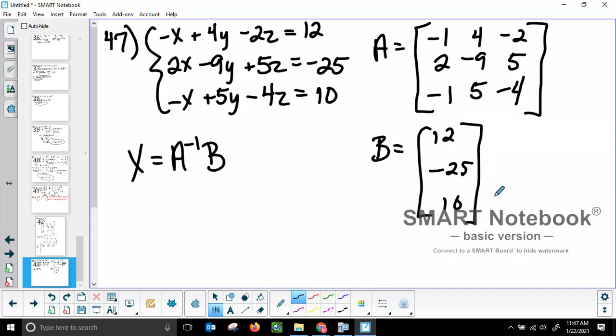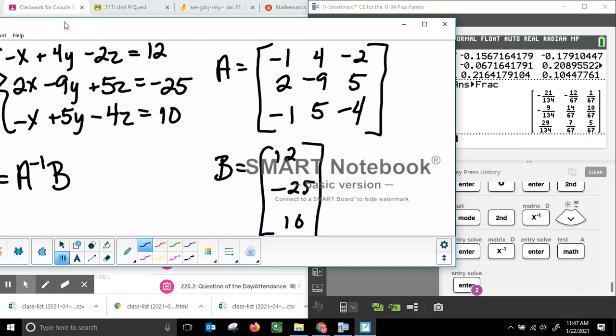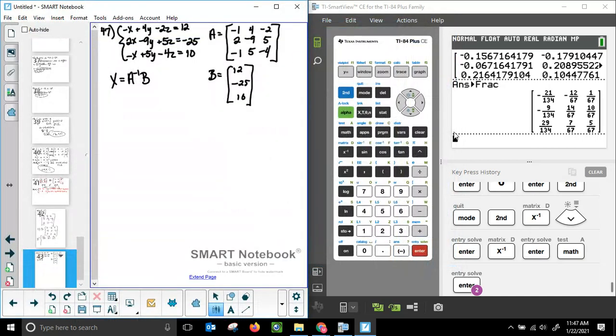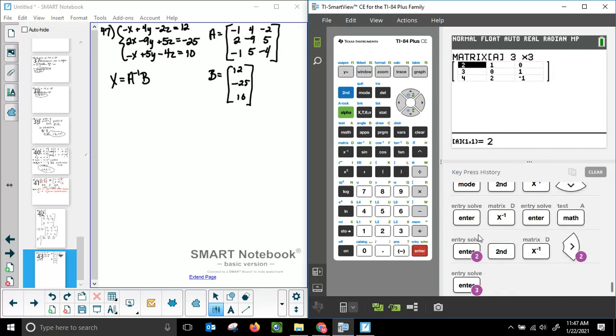All right, so all we have to do is plug these into our calculator. So we go back to our matrix menu. We edit. A is still a 3 by 3.